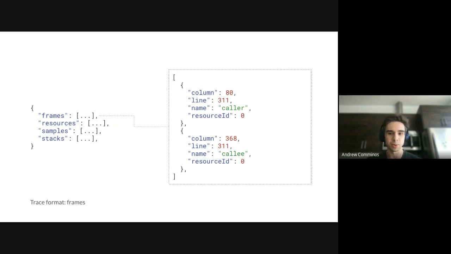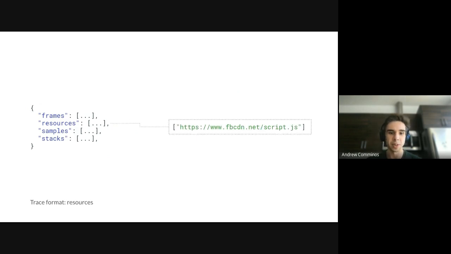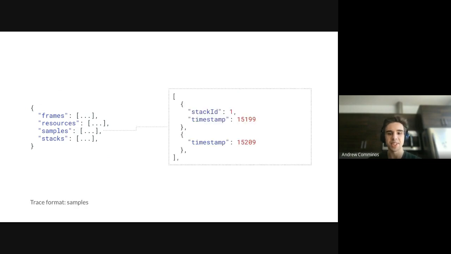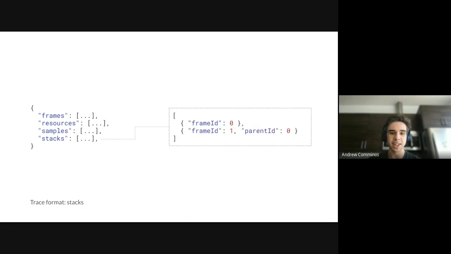The frames are one-to-one with ECMA functions, and they refer to items in the resources array for providing script URLs, since those are also something that is duplicated quite often. The samples contain references to stacks, as well as the timestamp at which the samples were taken. And the stacks array provides linkage between frames and references each other as well as items in the frames array.